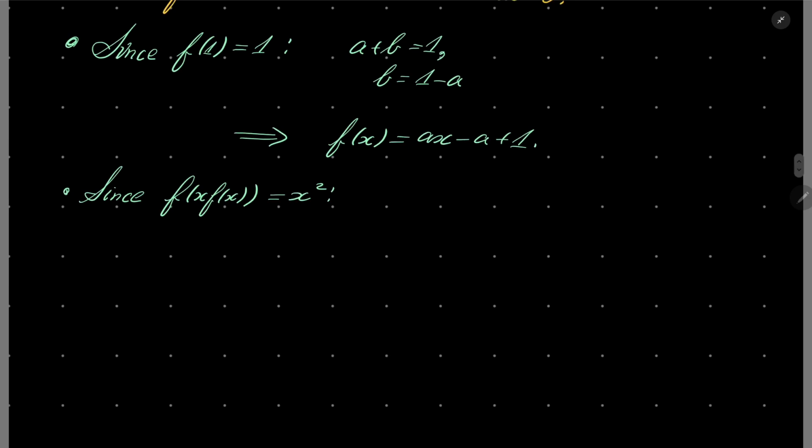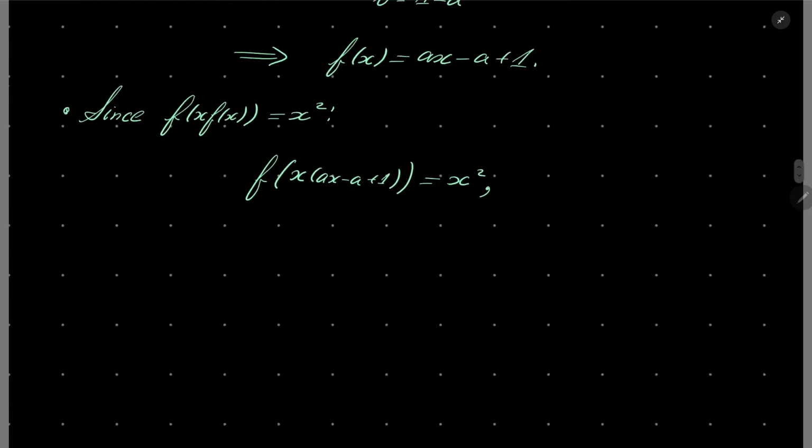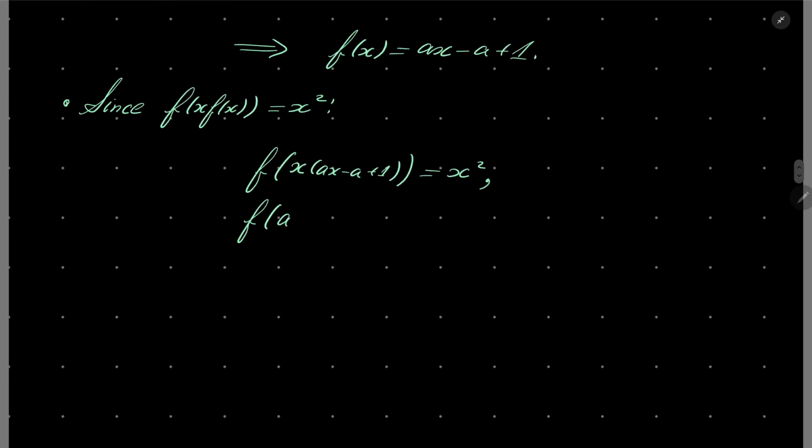On the left-hand side we have f of ax minus a plus 1 equals x squared. So f of ax squared minus ax plus x equals x squared.